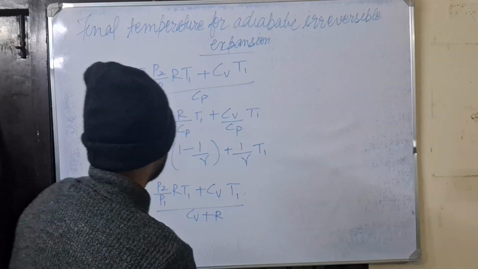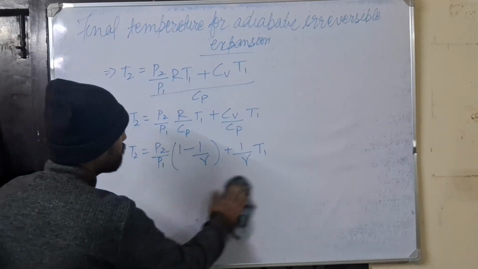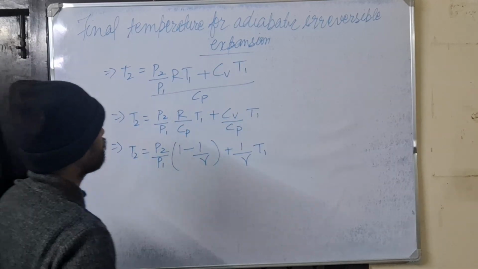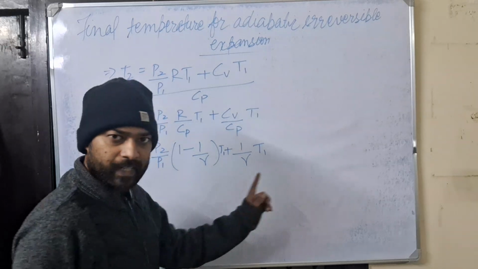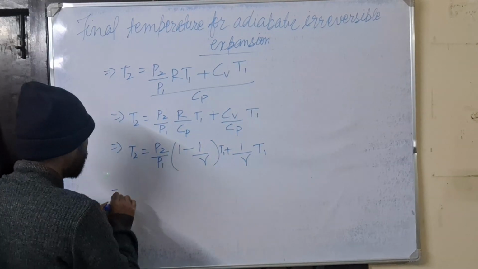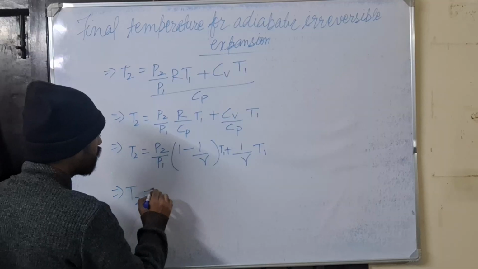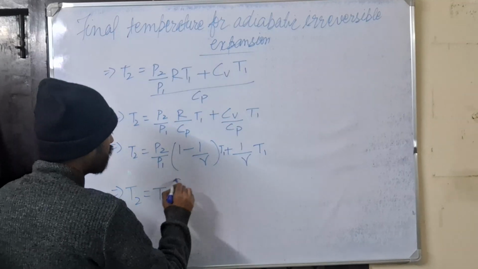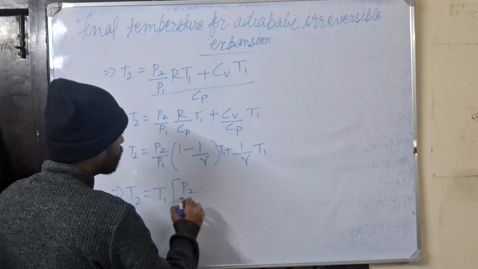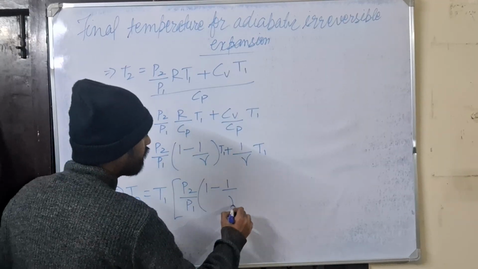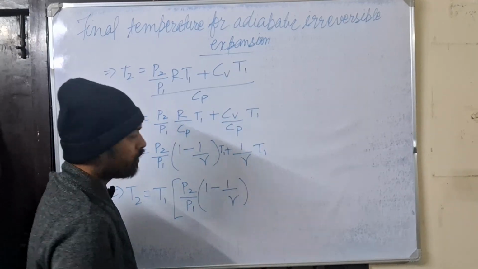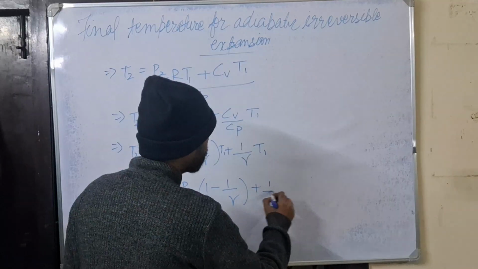Okay, we have missed T1 over here. So if we take T1 as common, T2 is equal to T1 into P2 upon P1 to the power 1 minus 1 by gamma plus 1 by gamma.